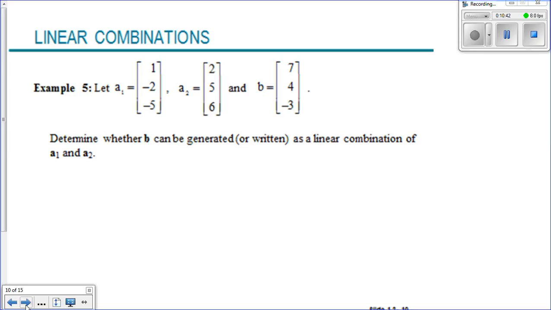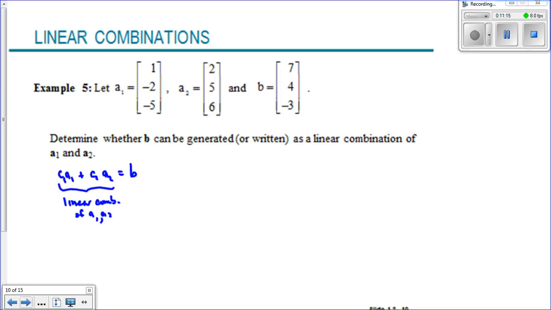Okay, I want to see, can b be generated as a linear combination of a1 and a2? Well, for b to be a linear combination of a1 and a2, that means that there has to be some c1 times a1 plus c2 times a2 that's equal to b. That's what it means to be a linear combination of the two vectors a1 and a2.